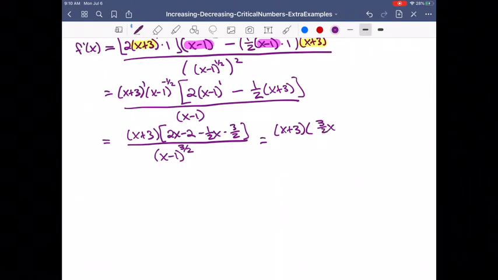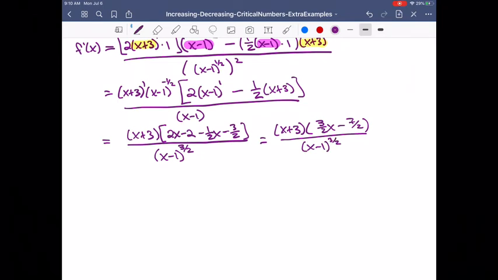If I simplify this, I get x plus 3 times 2x minus 1/2 x is 3/2 x, and negative 2 minus 3/2 is negative 7/2. Now you could leave it like this. If you don't like those fractions, you could just multiply by 2/2. You don't have to put the 2 into both of these things.